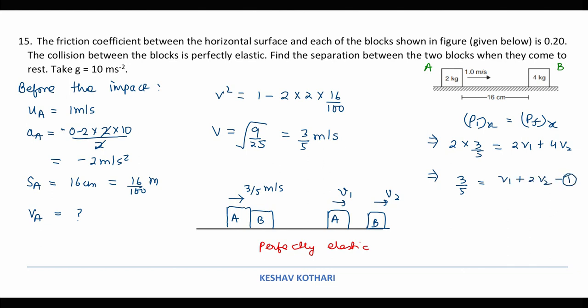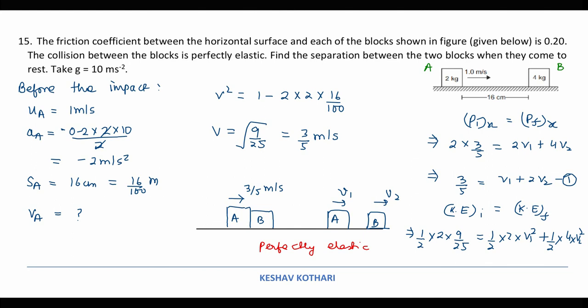The next thing we can say is that energy is conserved in case of elastic collision. So kinetic energy initially is equal to kinetic energy finally after the collision. I can write half mass of A, which is 2, into U square, that is 9 by 25, is equal to half into 2 into V1 square plus half into 4 into V2 square.